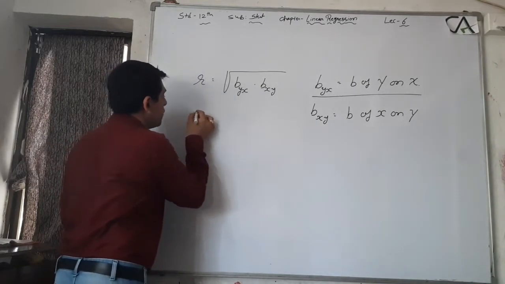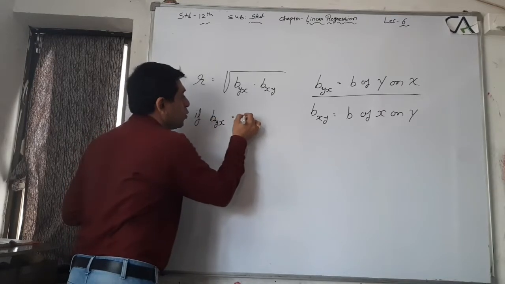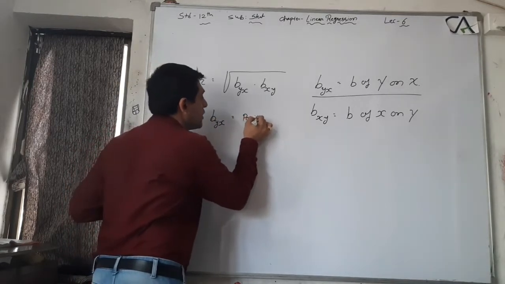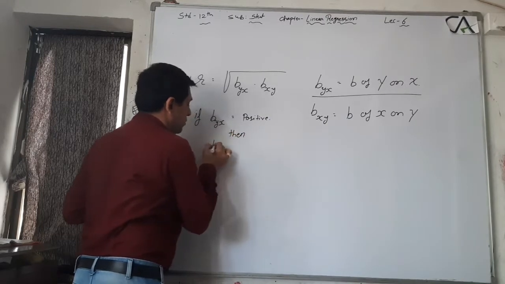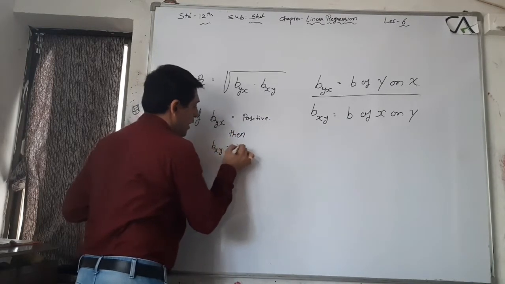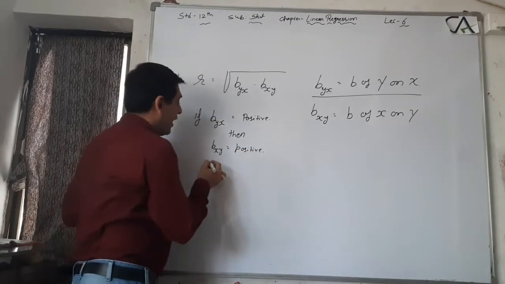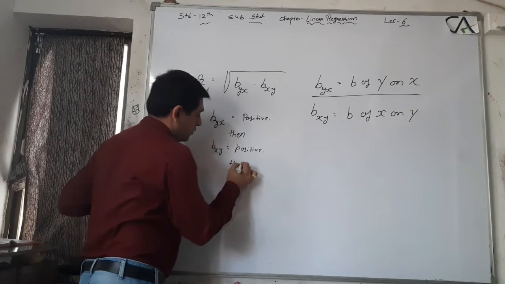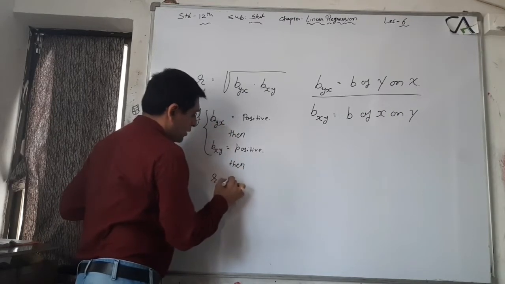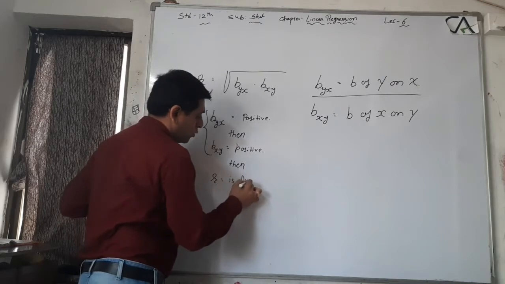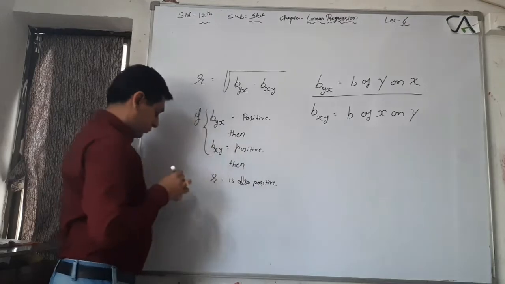Here, if Byx is a positive answer, then Bxy also has a positive answer, and then as per these two, R is also positive. What does that mean?